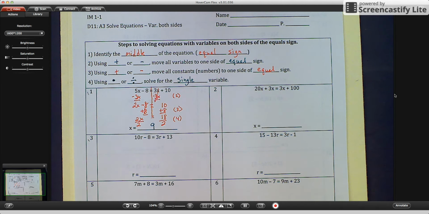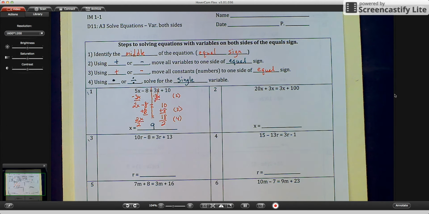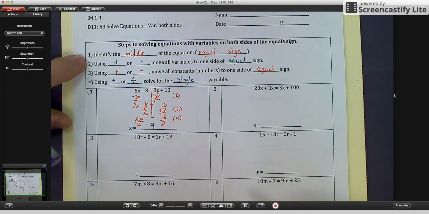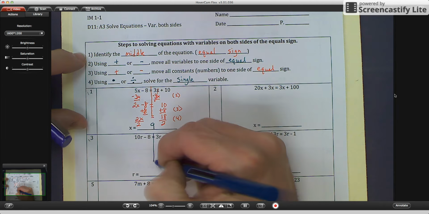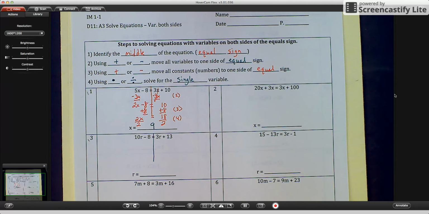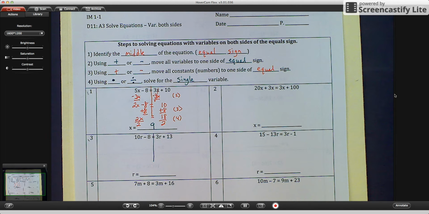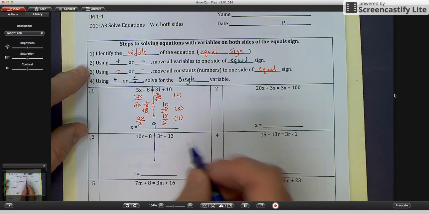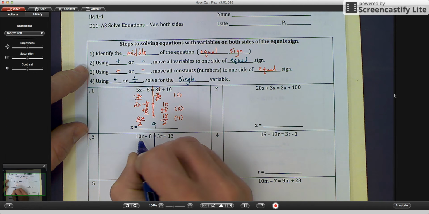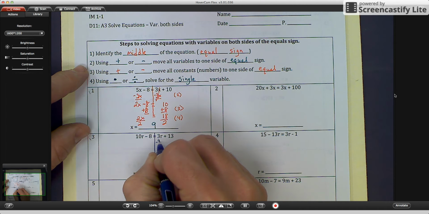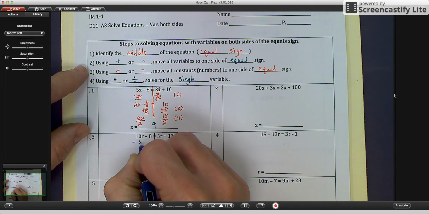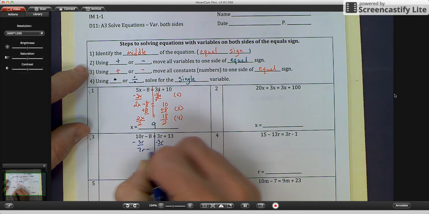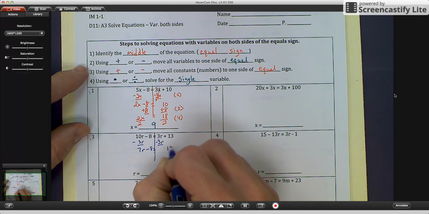Let's look at another example. I'm going to change up my colors here so that you can see. And I'm going to go through the exact same steps. Number 1, identify the middle of my equation. Number 2, I am going to use addition or subtraction to move the variables to one side. So which one is smaller? My 3r. So I'm going to subtract 3r. And I get 7r minus 8 equals 13.